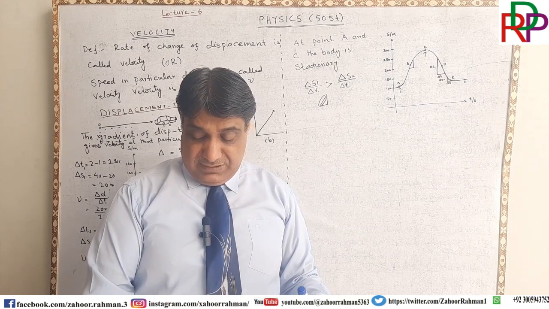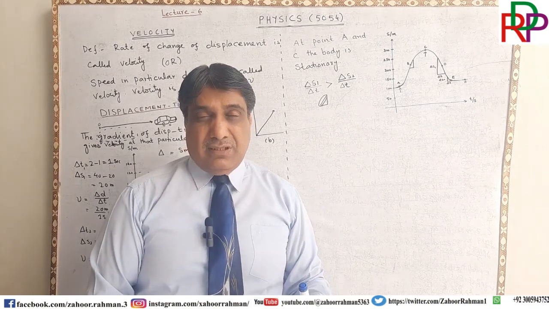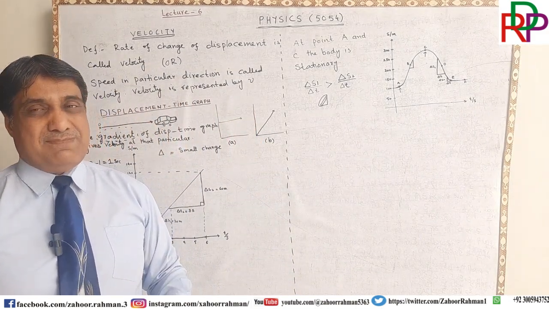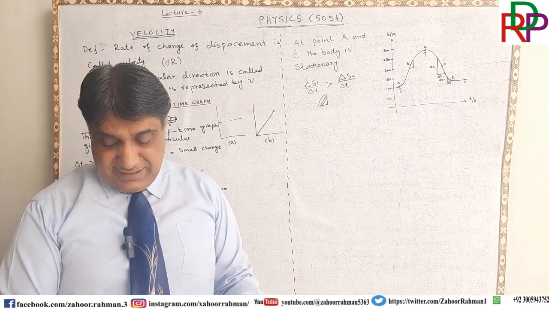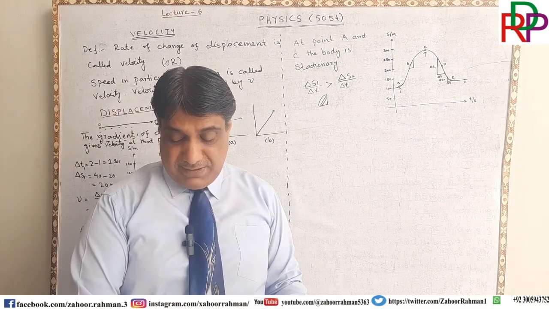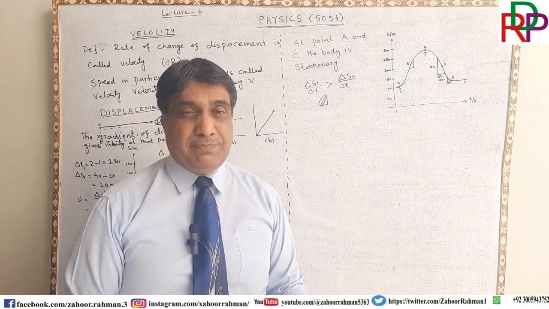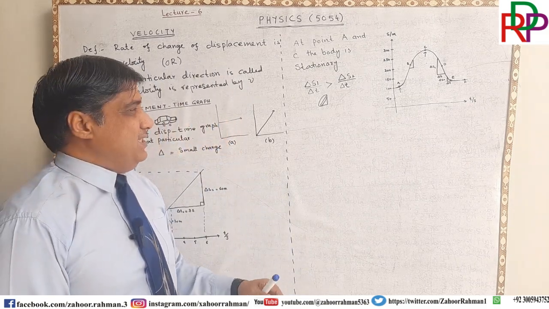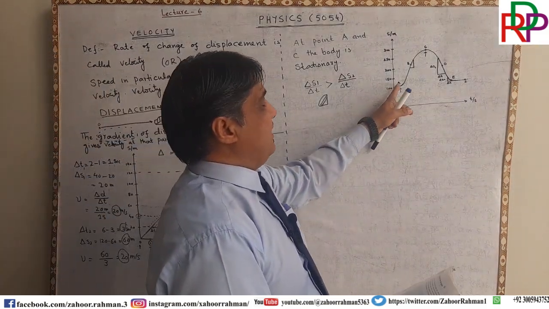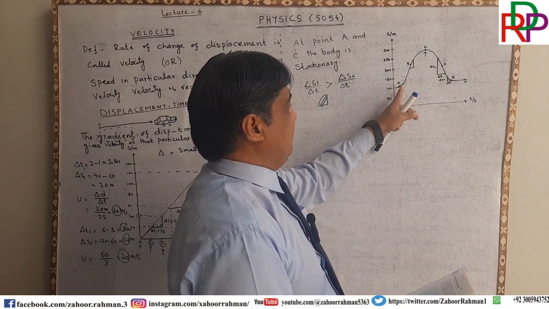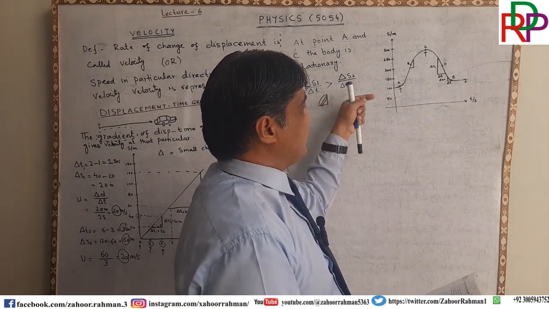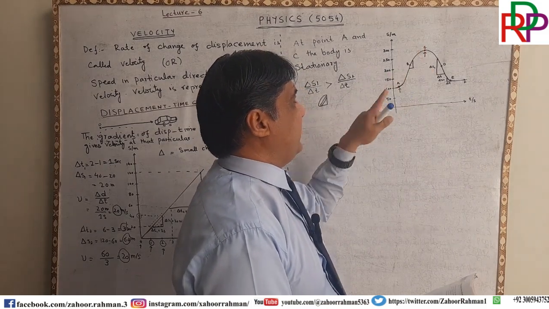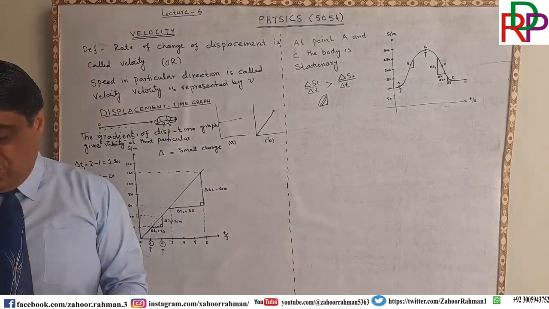Now, one question is here in the self-assessment: can you tell from a displacement time graph whether an object is stationary? Yes, from the displacement time graph, if a line is straight, then it means that it is stationary, as I told you at A and C. Yes, you can.